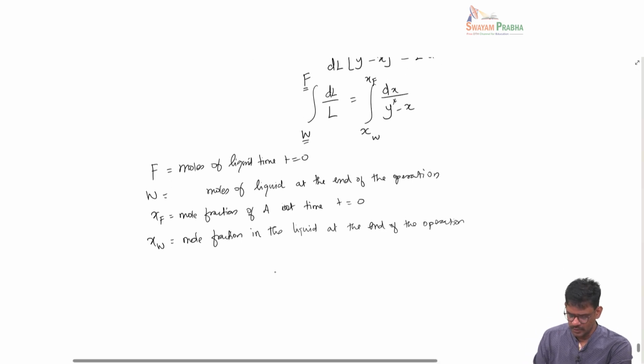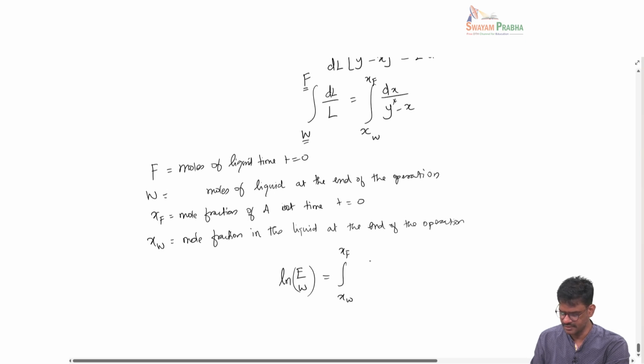This particular equation has a special name. Actually we can integrate this out, because the left side will be simply ln of F by W. On the right hand side you have the integral from XW to XF of dx by y star minus x.